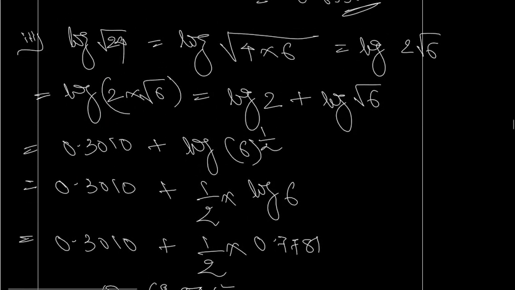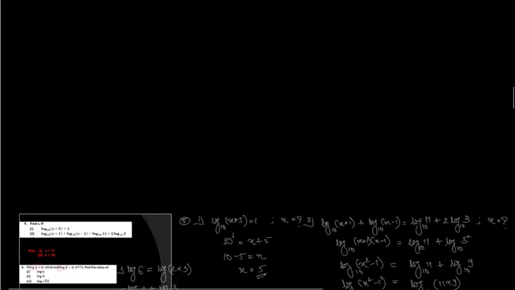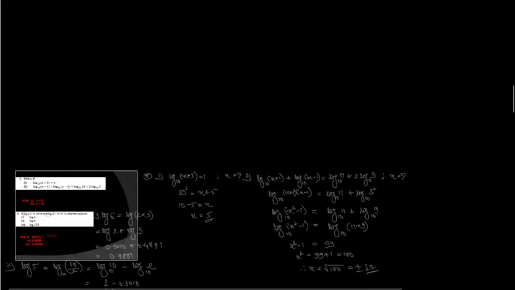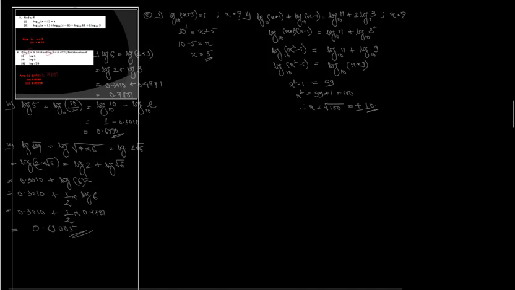Okay, so that was our second part. Let's zoom out and check what we have done. All the solved examples plus the concept, right? So that was question number 5 and 6. The first part of fifth, second part of fifth, then question number 6, first, second, and third part.